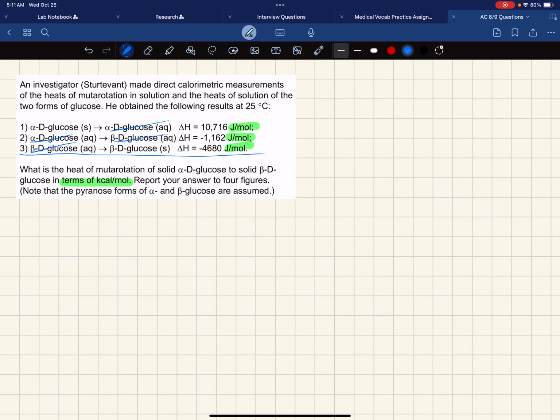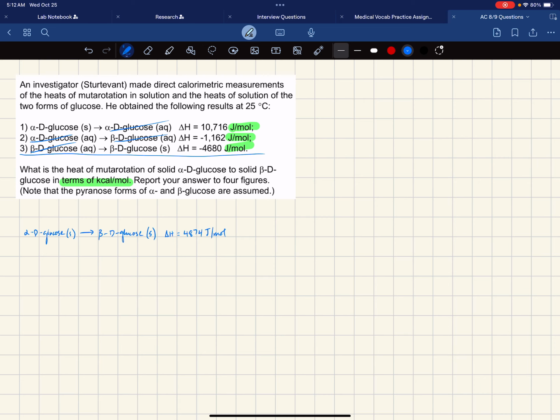So what you're left with is this alpha D glucose, that solid, going to beta D glucose, also the solid. And then if you added those delta H's down as well, you would get 4,874 joules per mole.